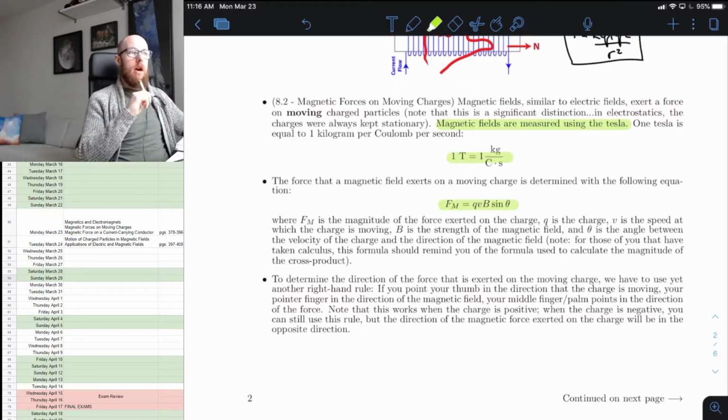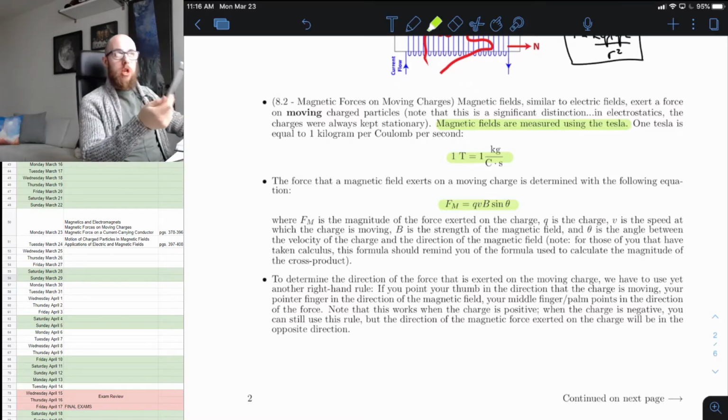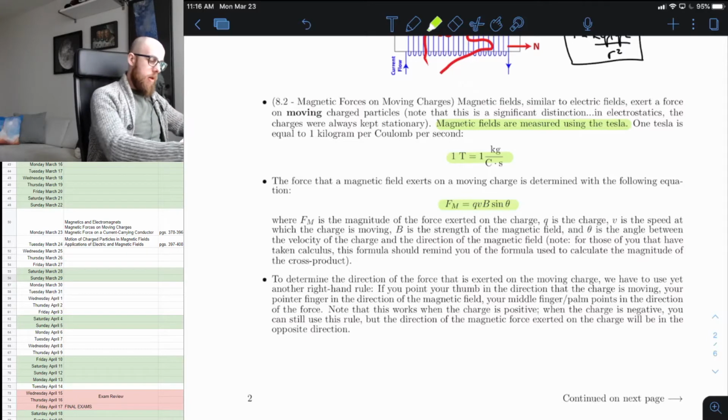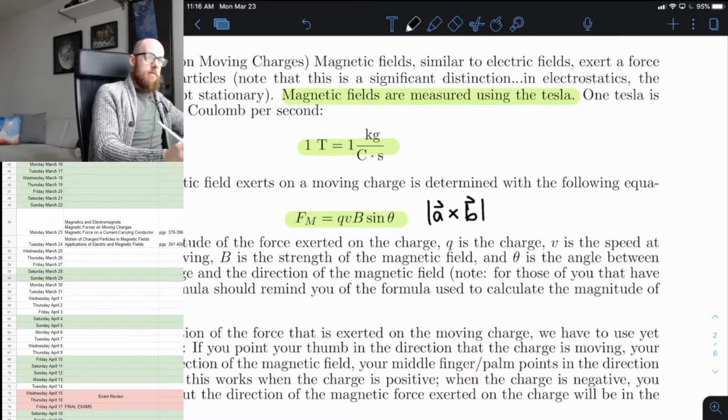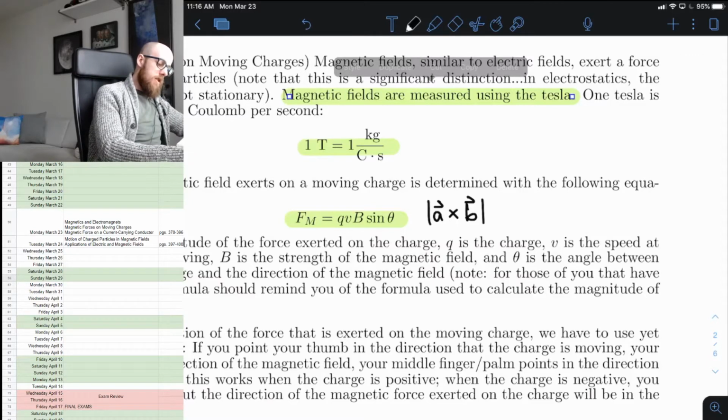Now again, this should look very familiar, right? We know from calculus, and don't worry if you haven't seen calculus yet, because we're not actually going to be doing any cross products or anything like that. But in calculus, we saw that A cross B equals the magnitude of A, magnitude of B, sine theta.